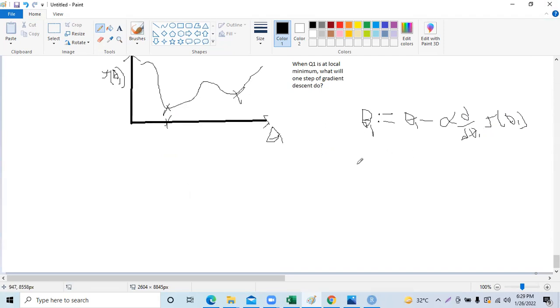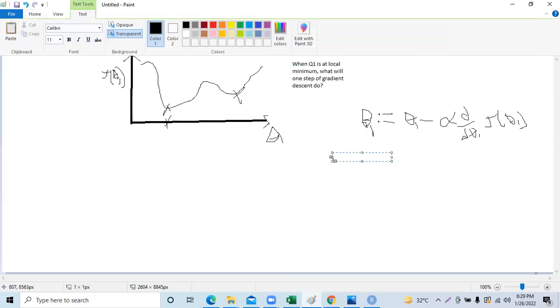So to answer your question, at a local optimum or local minimum, the derivative will be equal to 0, because there's nowhere else it's going to go.